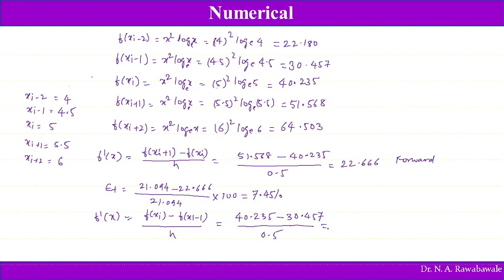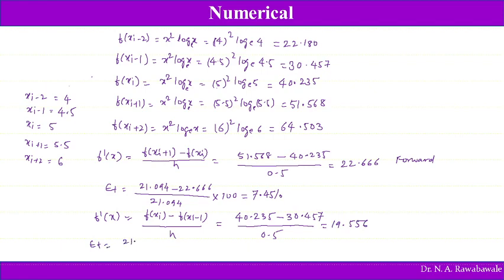So this is 40.235 minus 30.457 divided by 0.5. This is going to be 19.55.